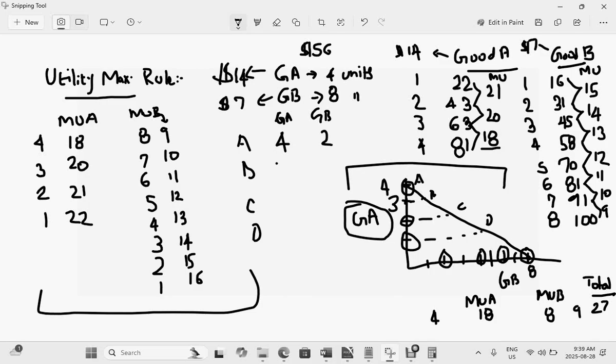And then this will be 3 units of good A, and this will be 6 units. 2 will give you 4 units of good B. And if you allocate raw materials and money from good A, let's say this is one unit of good A, it will give you 2 units of good B.